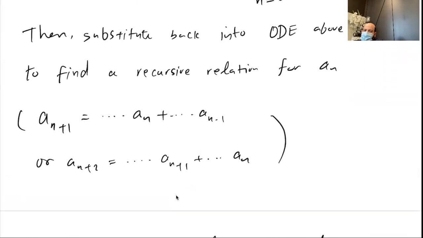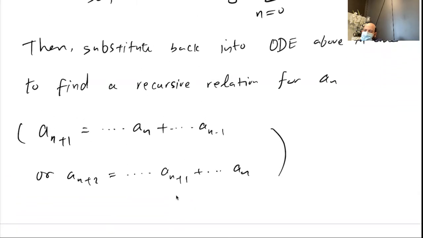Now, we can do a similar process for the first order ODE or for third order ODE. So I just explained it specifically for second order, but we can do a similar process for first order or third order and so on.